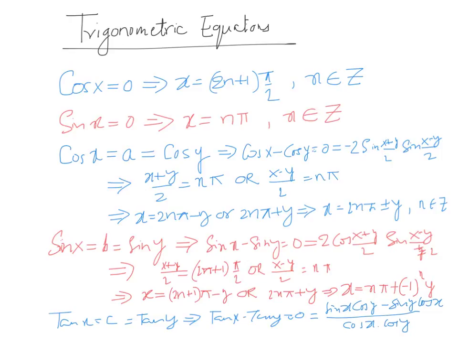Now for this ratio to be equal to 0, its numerator must be equal to 0 and the denominator should not be equal to 0 for the ratio to be defined. Now if we look at the numerator, sin x cos y minus sin y cos x, it is nothing but sin of x minus y.